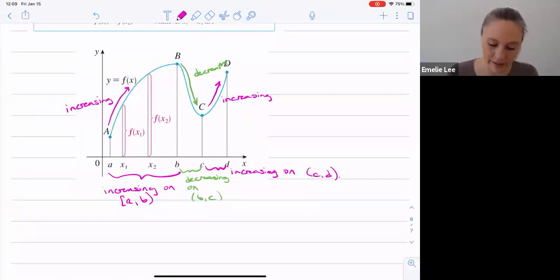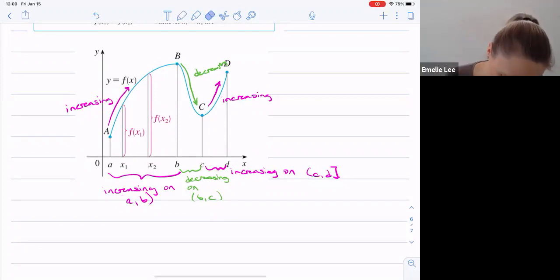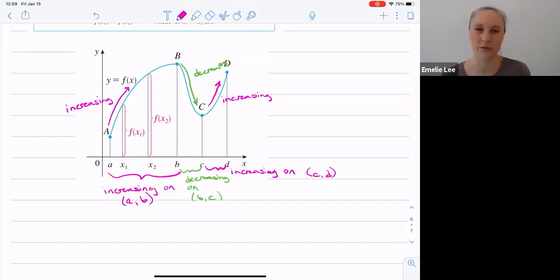And I might include that endpoint because that's where it ends, but jury's out. Maybe I'll use round brackets all around, just so it's less confusing. There.